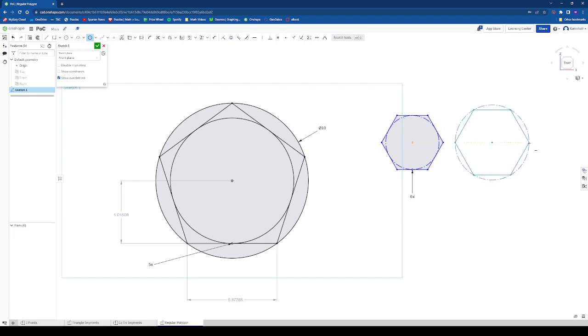I'm going to be defining, let's keep that at 6, the radius or diameter of the circumscribed circle. So that's the way that regular polygons are generally sized, even though we often think of a side length as being the defining characteristic. In a drafting program like this, the radius is actually what's usually used to define the shape.